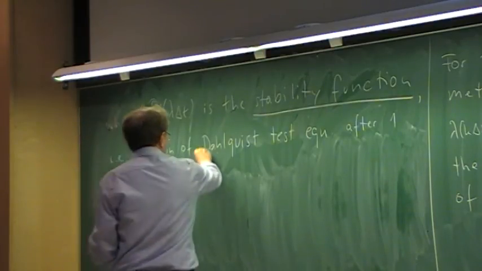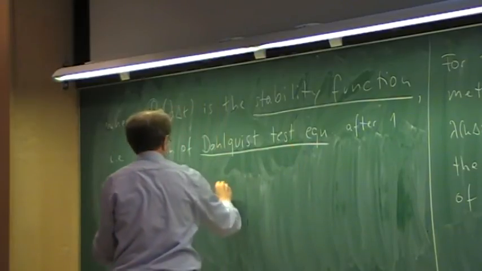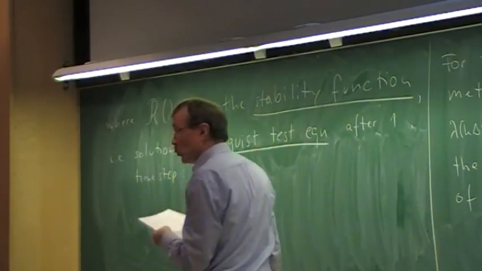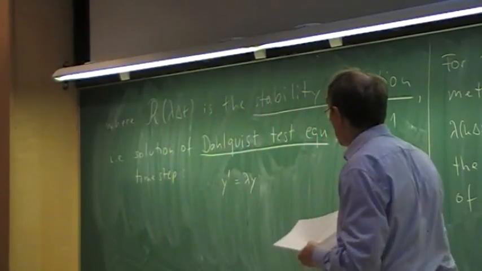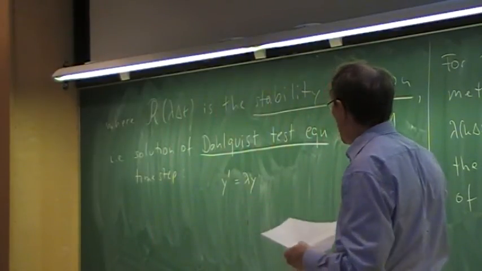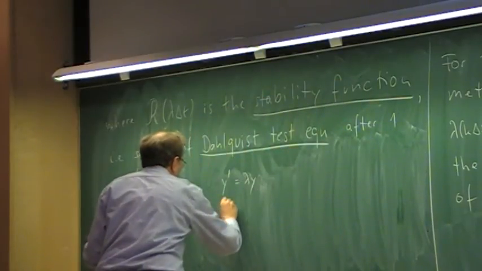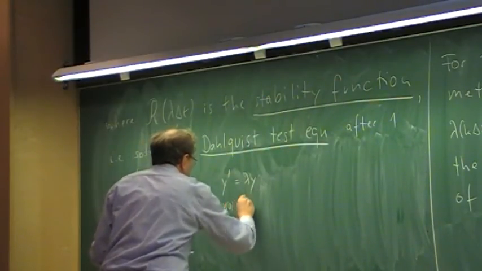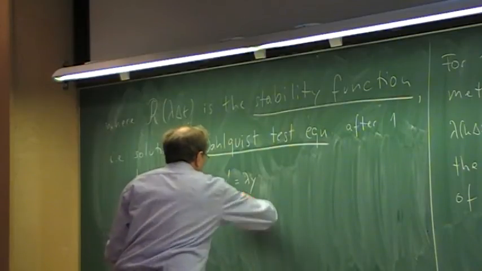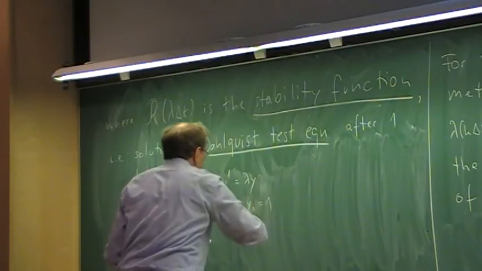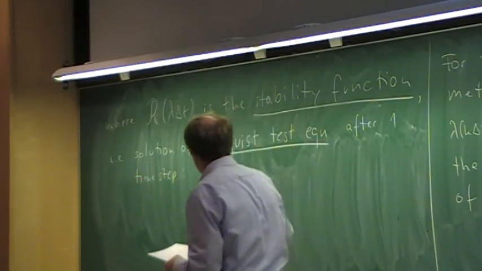The Dahlquist test equation is this here, which is y prime is lambda y. You can think of a scalar unknown function y of t, and we have the initial condition y of 0 is y0 is equal to 1. So that is the Dahlquist test equation.